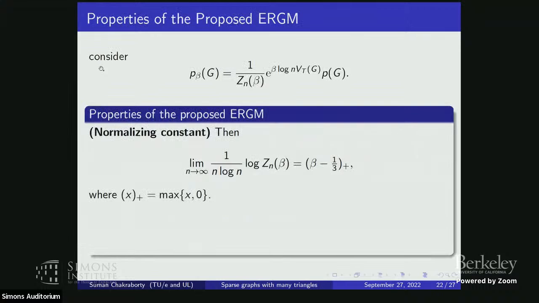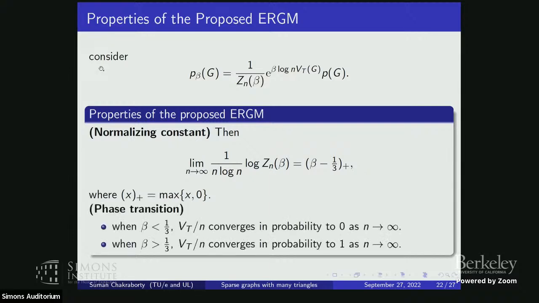Okay. So we're considering this, and as we said, we don't have a normalizing constant, but the trick was to use that large deviation result that we showed to get the normalizing constant. The normalizing constant has an approximation, which is like this. And we have a phase transition as well.